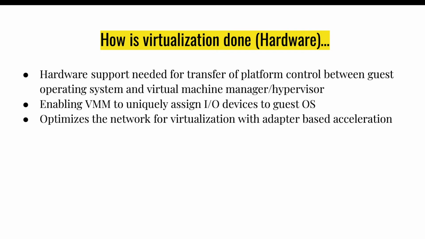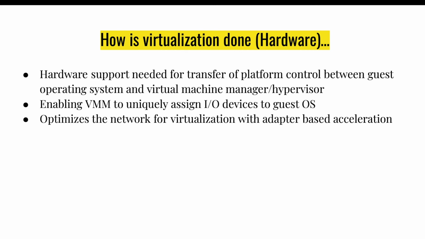These are two terms which are used in terms of virtualization. There is a guest operating system, and the transfer of platform control happens with the help of the virtual machine manager or hypervisor.